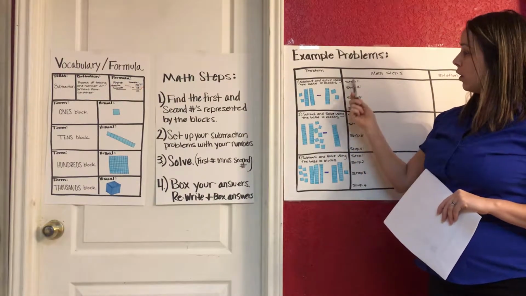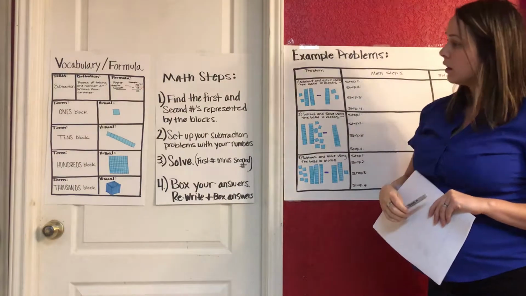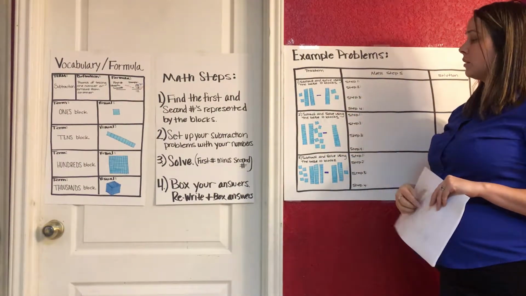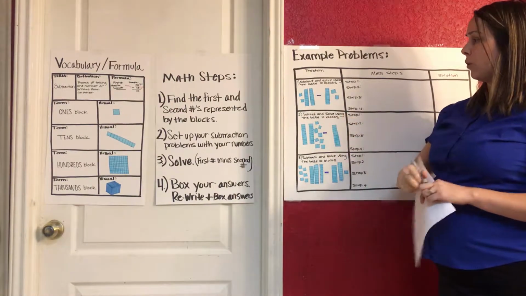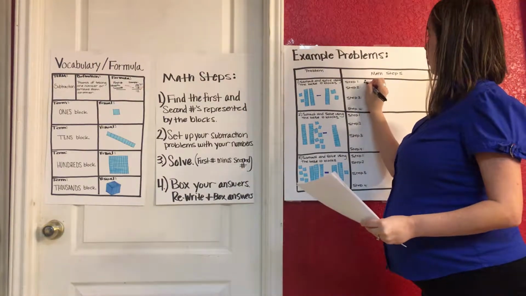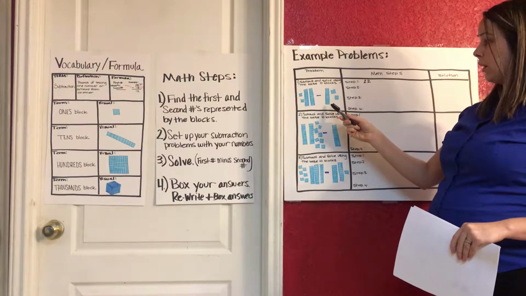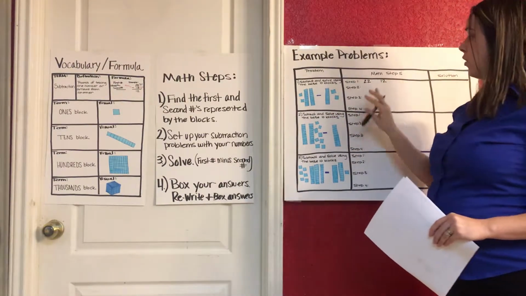The first step says to find the first and second numbers that are represented by the blocks. We have 10, 20, 21, 22. So we'll write 22. That's our first number. Our second number is 10, 11, 12. So we'll write that. Now we found our numbers.